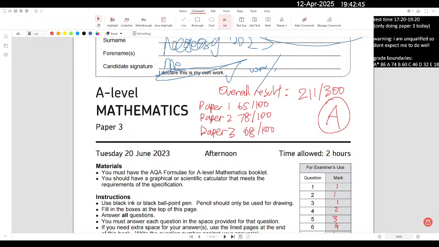I think C is 125 out of 300, which is 42%. That's about how much I was expecting to get before I started this, without taking a look at the syllabus or any past papers at all. This is the first time I've ever seen what A level math in the UK looks like, and honestly, I'm quite impressed. Personally, quite impressed.